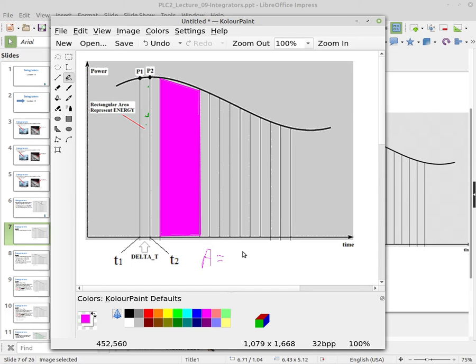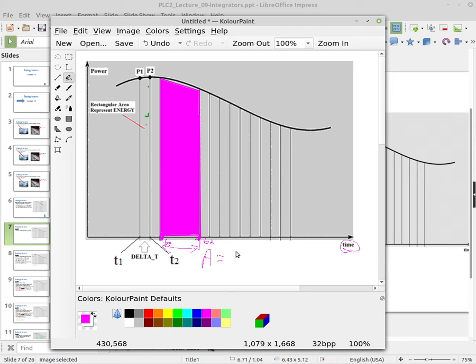is given as the distance in the horizontal direction, which, if this is time, the horizontal direction is time. So we have this point, which we call T2, minus this point we call T1.